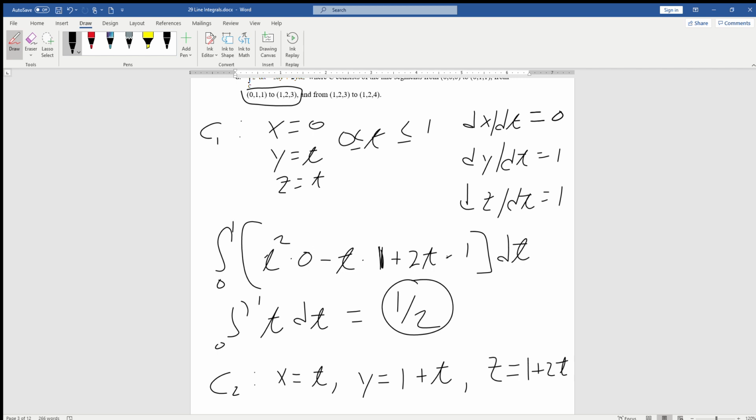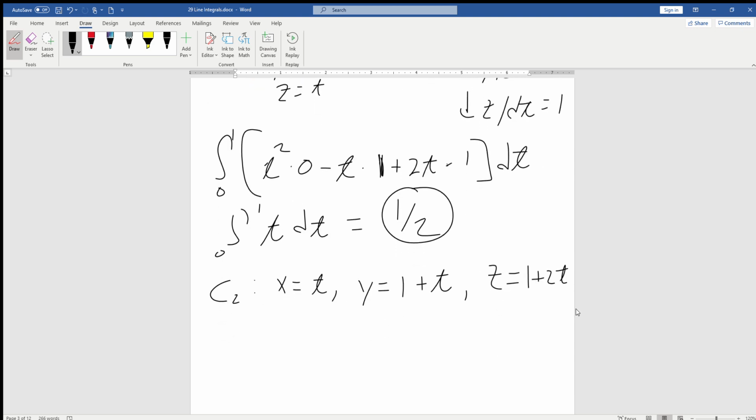Now we have to keep all of the integral bounds the same, 0 to 1 in this case. If they're not, then unfortunately when we get to the answer, it's not going to be the same line integral, at least the same interval for the line integral. So we know dx/dt is going to be 1, dy/dt is also going to be 1, and then dz/dt is 2.